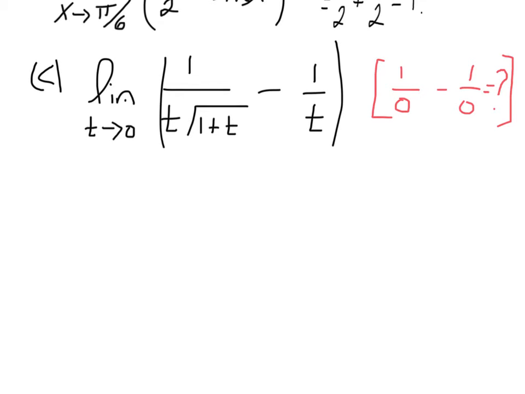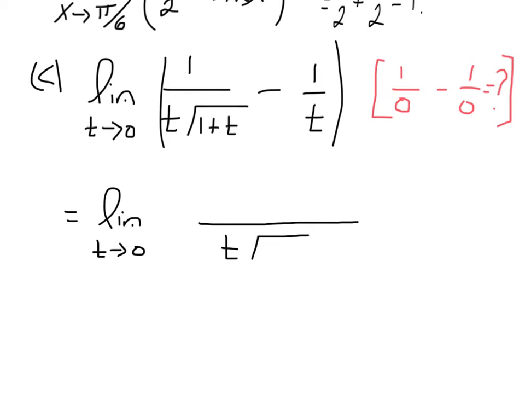So, somehow, we should try to simplify our expression here. And if you're trying to simplify a sum or a difference of fractions, usually what you should do is find a common denominator. So let's do that. This is equal to the limit as t tends to 0 of, for our common denominator, we see t in both terms, so we can use that, times root 1 plus t.